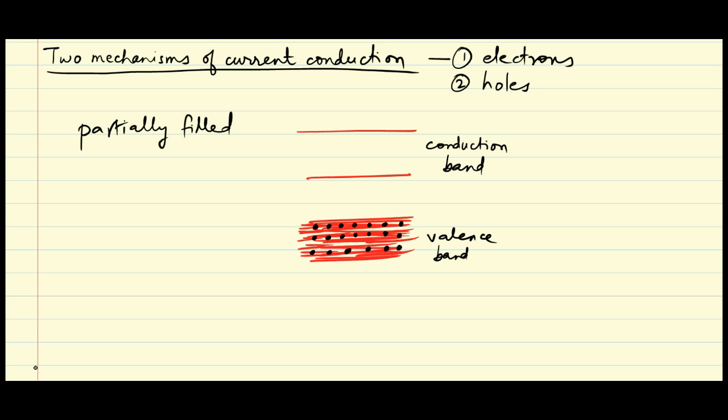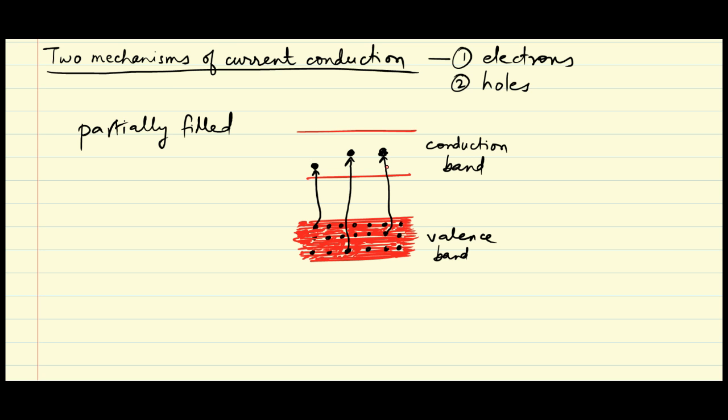Now at higher temperatures, like at room temperature, some of the electrons from the valence band of the semiconductor migrate to the conduction band. For example, let's say this electron goes over here, and maybe this electron goes over here, and as a third example, let's say that this electron goes over here.